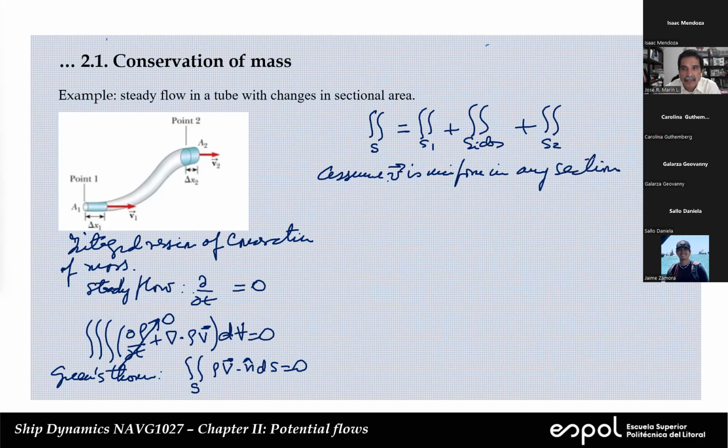Of course, this is a huge assumption, because we know that if we have viscosity, then the velocity is going to decrease. If we have a tube like this, and we consider a certain section here, the profile of the velocity is going to be something like this.